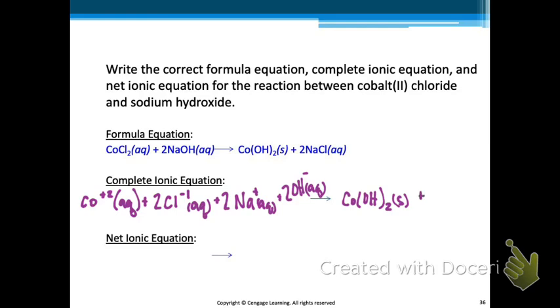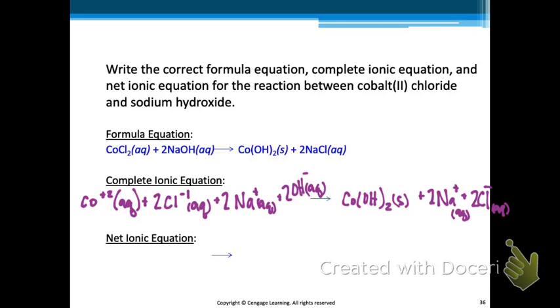My last one would be Na plus, and we said there's 2 of them, plus 2Cl minus, and these are both aqueous. Sorry, my handwriting is getting a little sloppy here.